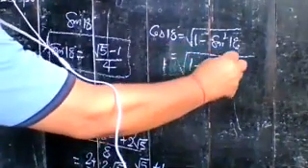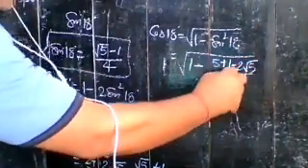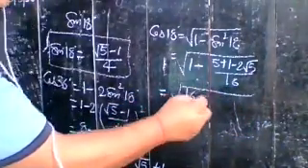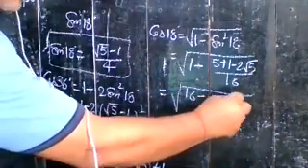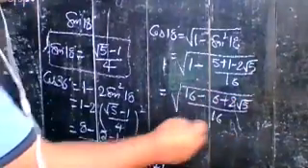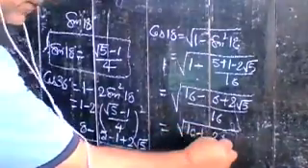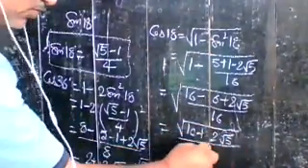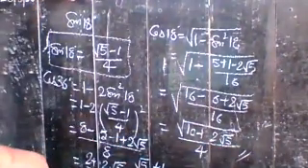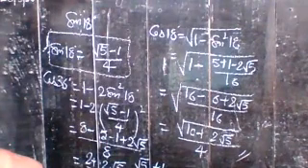So you have 5 plus 1 minus 2 root 5 divided by 16. Simplifying, here you have 16 minus 6 plus 2 root 5 whole divided by 16. And if you simplify it, you have under root 10 plus 2 root 5 by 4. So root over 10 plus 2 root 5 by 4 is the value of cos 18 degree. Understand? Note it.